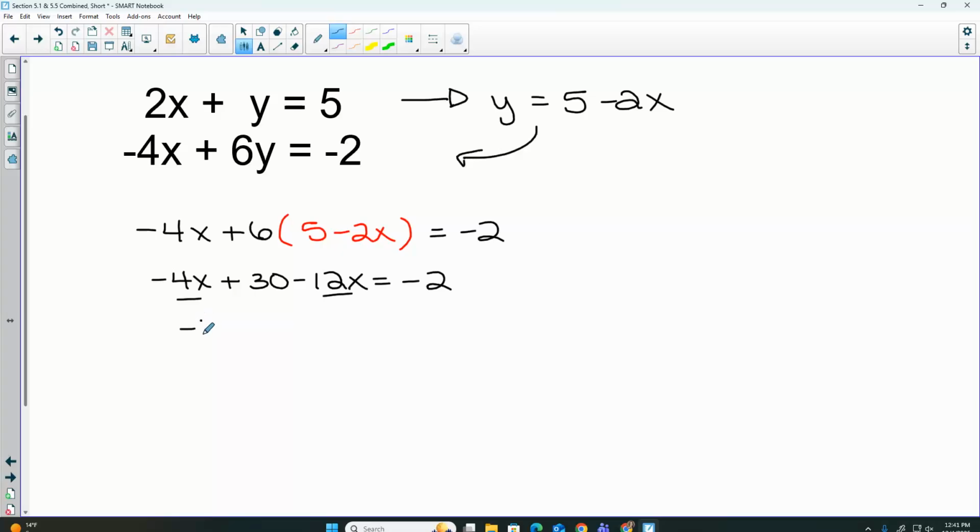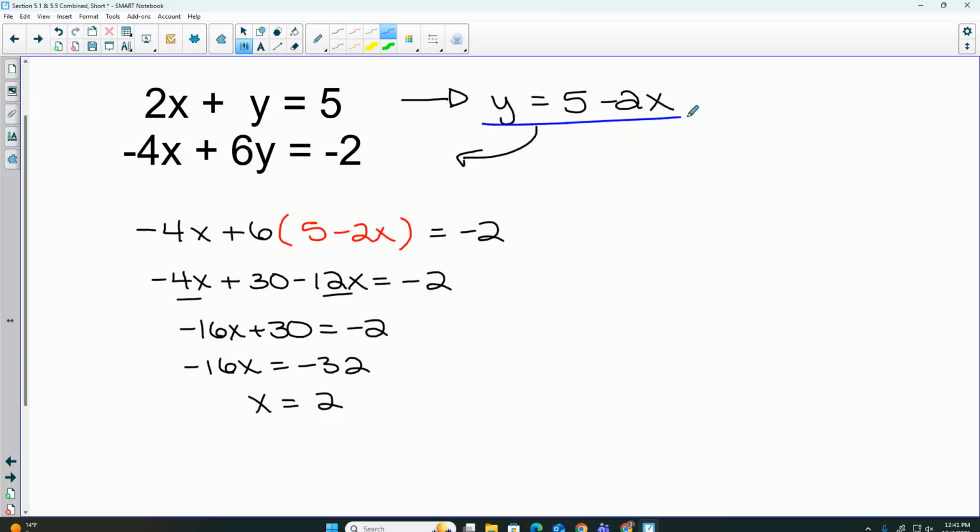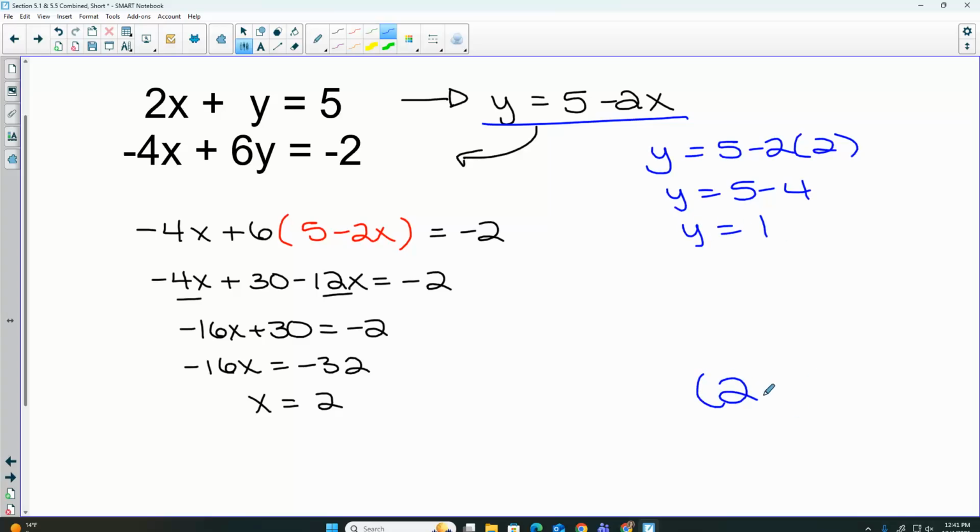Combine like terms. Subtract over my 30 and divide, then x is 2. Plug that back in to get your y. So y is 5 minus 2 times x, which is 2. And we get 1. So our answer is 2, 1.